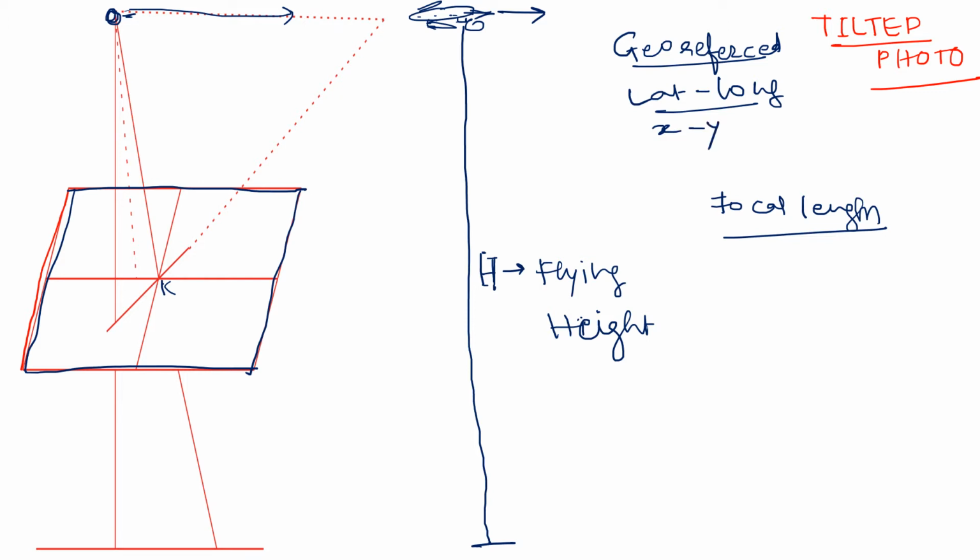So this is my x, this is my y, this is my positive x. With respect to the Cartesian coordinate system, this naming is given, and they meet at this point.